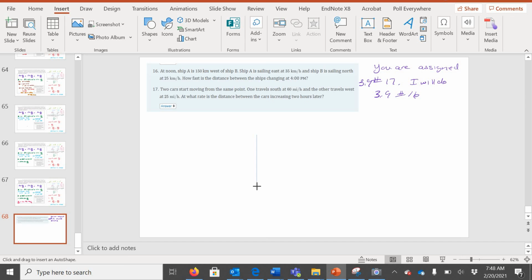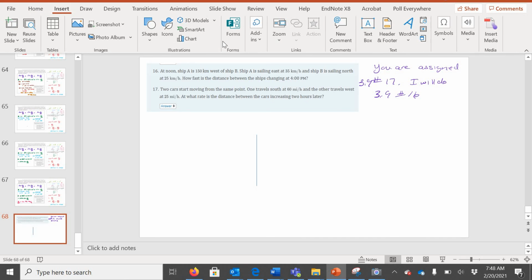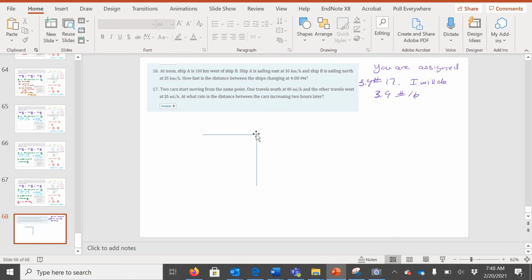And then car B is traveling west, so you're going to have another car B that's going this way. They started at the same point, so that's a little bit different than mine. They made this weird thing about the west, so it's a little bit easier than mine. So this is the time equals 0, when they started at the same point.